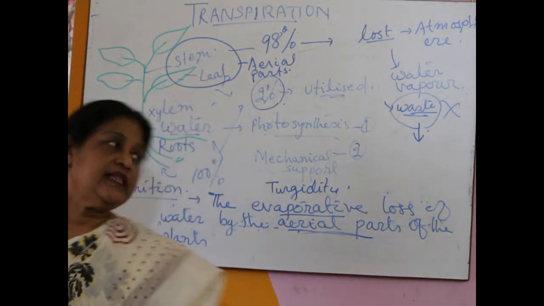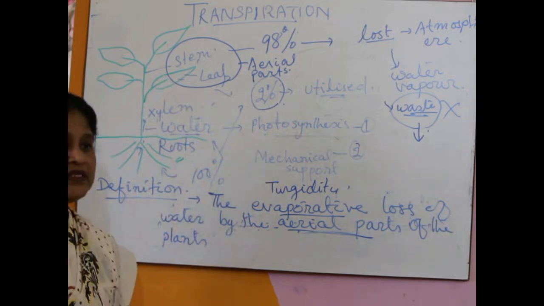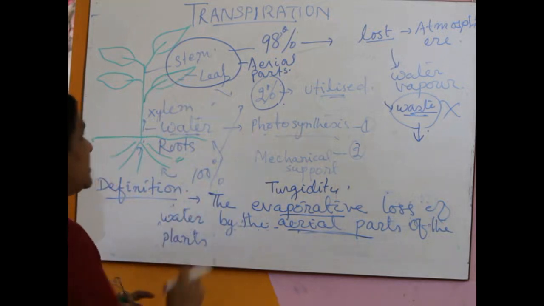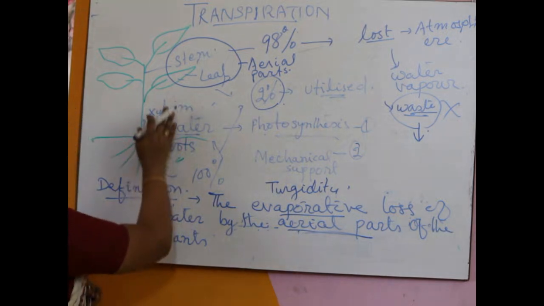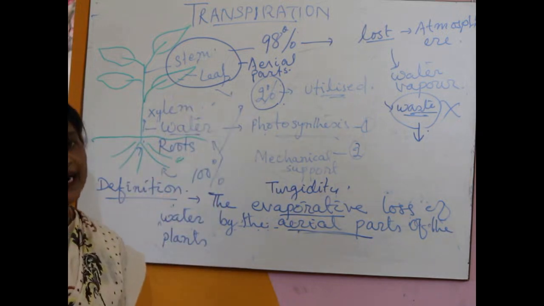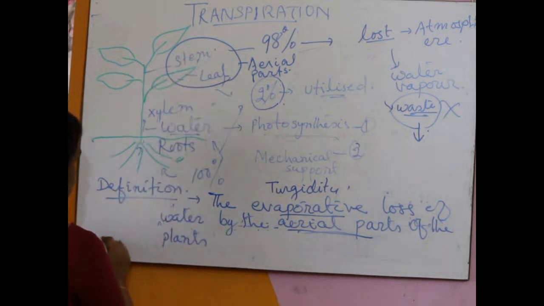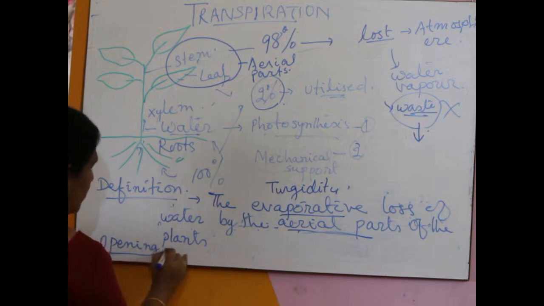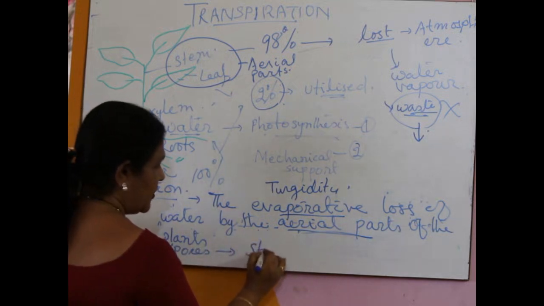As you know, these aerial parts must be having some openings or pores through which the water, or the vapor, will escape into the atmosphere. So the openings, or we can say the pores, found on the leaf through which transpiration occurs, that is stomata.